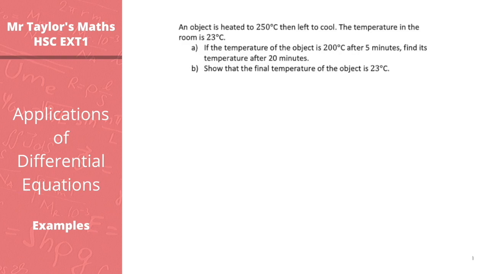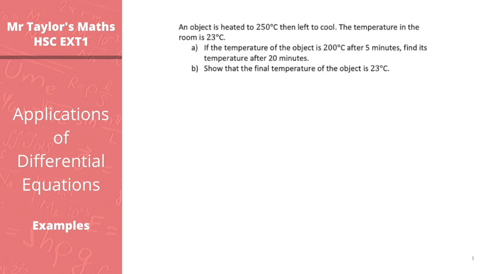Now we have an example using Newton's law of cooling. An object is heated to 250 degrees and left to cool, and the temperature in the room is 23 degrees Celsius. If the temperature of the object is 200 after 5 minutes, find its temperature after 20 and show that the final temperature of the object is 23 degrees.